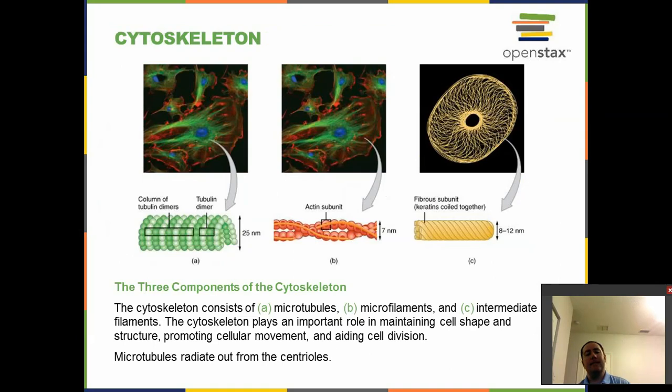Next is the cytoskeleton. The cytoskeleton is like the tent poles holding the cell membrane or the plasma membrane out. When we look at a cell diagram on a slide or in a book, it is two-dimensional. Cells are not two-dimensional. If you look at them in a petri dish, they're going to be more or less flat.